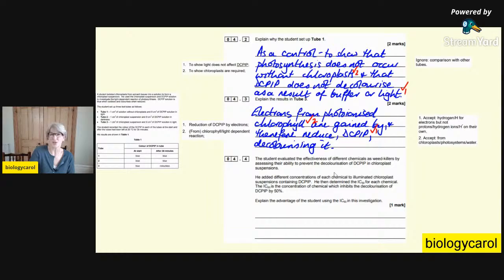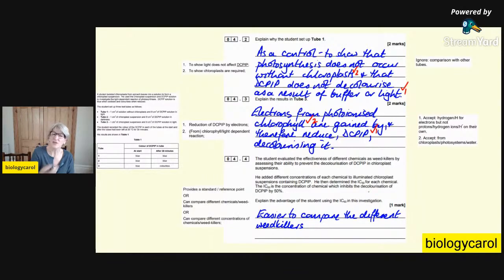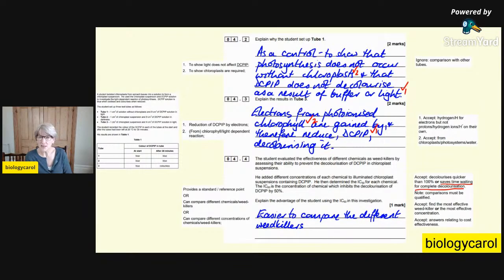I was not convinced I was going to get the mark for this, I didn't like this as an answer, but I did get the mark. I actually think that 'this saves time waiting for complete decolorization' kind of makes the most sense to me. But also, understandably not very obvious.